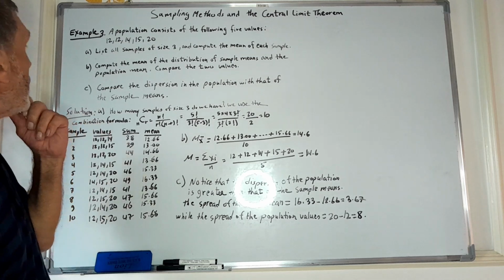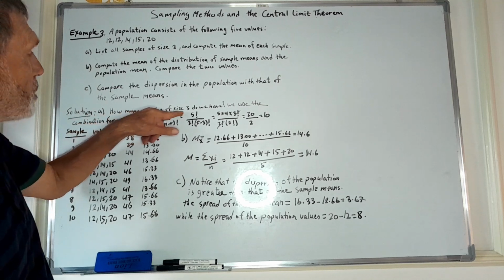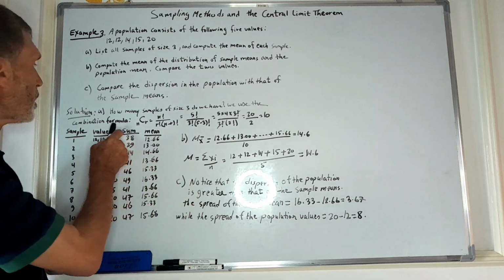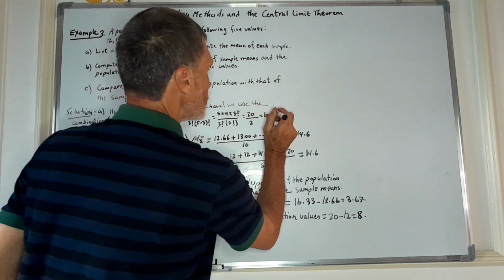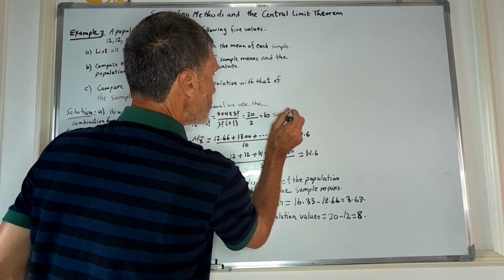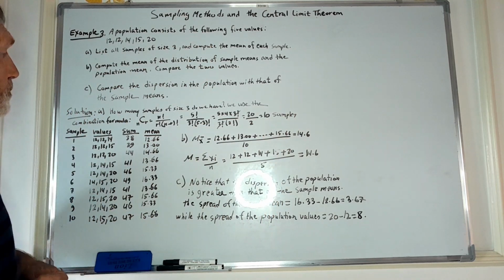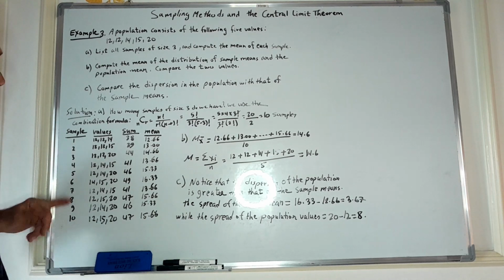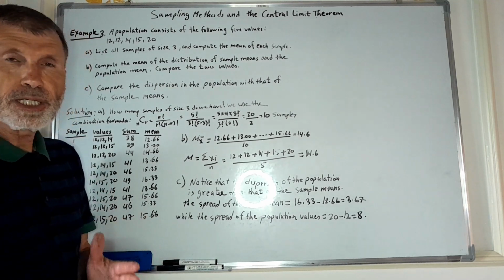Okay, now, A, solution. How many samples of size 3 do we have? Of course, use the combination formula. This is the combination formula. We're going to come up with 10 samples. Of course, these are the samples, number 1 to 10. Now, each sample consists of 3 items.